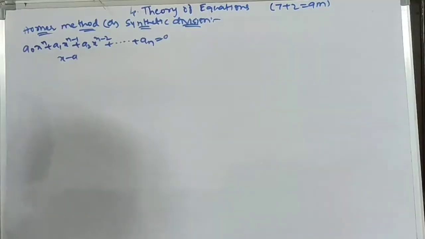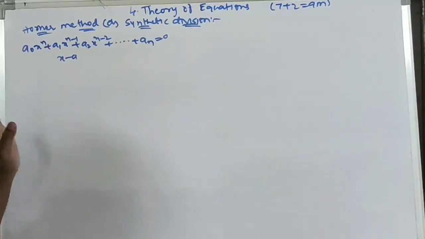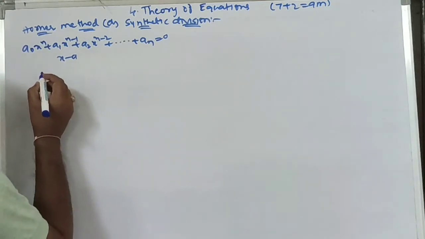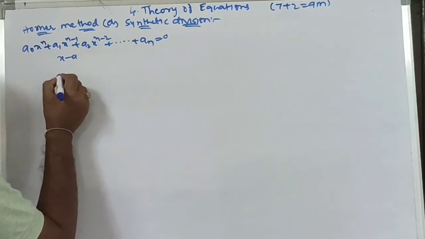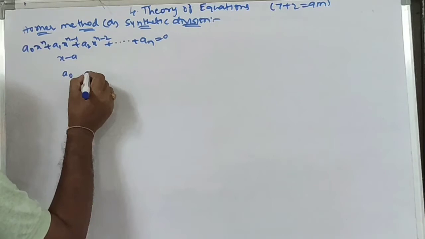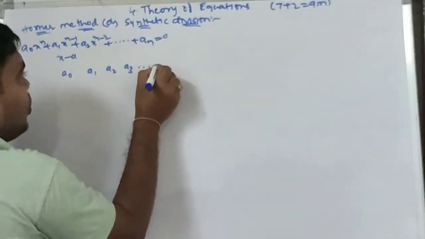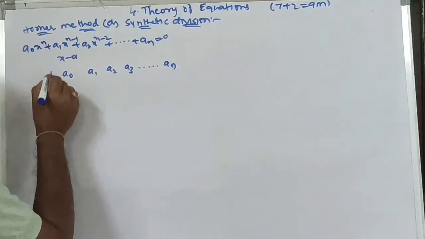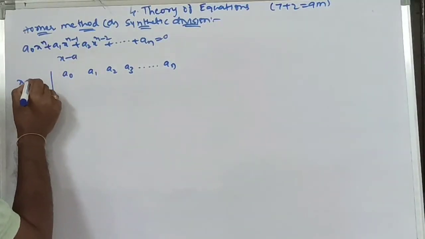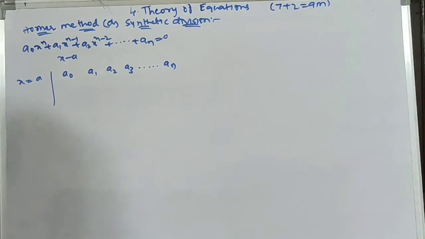You already know division from 10th class, but here I will take a different way. I am taking a0, a1, a2, a3 up to an. Since we are dividing by x minus a, we should put x equal to a.